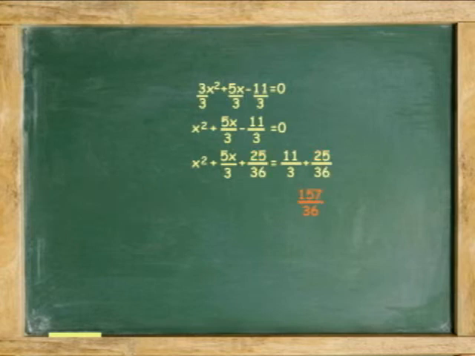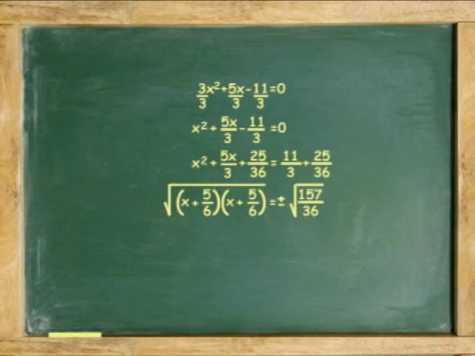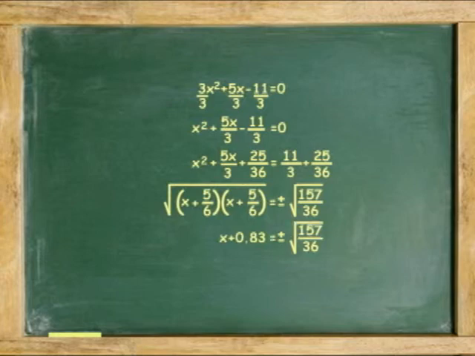Add right-hand side. Factor left-hand side as a perfect trinomial square and find the square root of both sides. X plus 5 over 6, which is 0.83, equals plus or minus the square root of 157 over 36, which is 2.088.